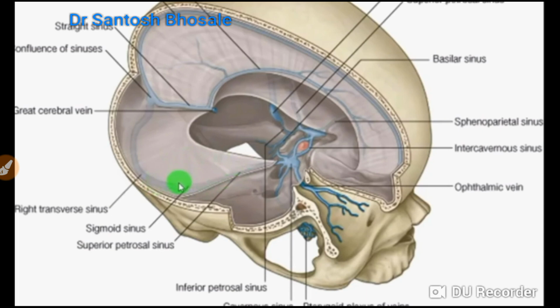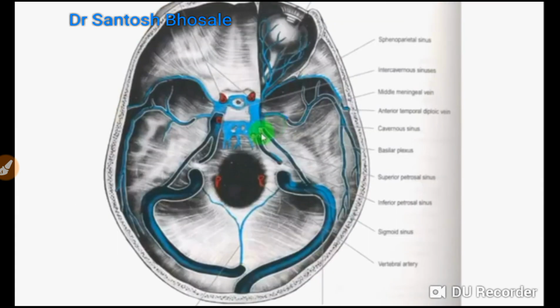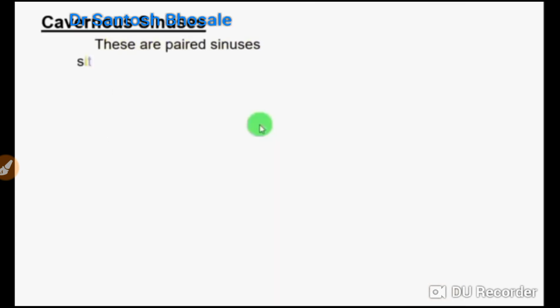Along the posterior margin of the tentorium cerebelli you are seeing right and left transverse sinus, and along the petrous bone, superior petrosal and inferior petrosal, and on either side of the pituitary fossa you are seeing cavernous sinus there. You can trace here transverse, sigmoid, superior and inferior petrosal, both cavernous, petrosquamous, and middle meningeal.